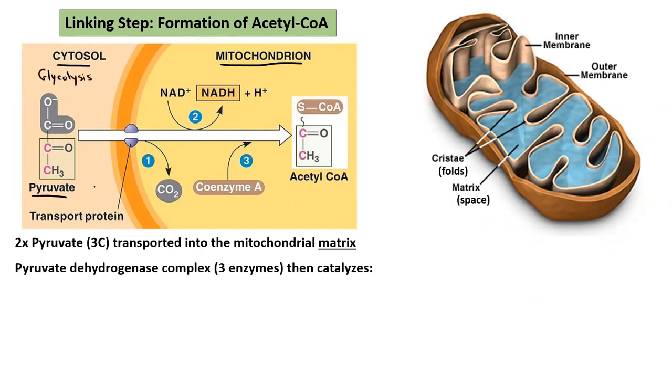And the end product of glycolysis was pyruvate. In the mitochondrion, the linking step is going to take place, the reactions involved, as well as the citric acid cycle. That's our next stage in aerobic respiration. So citric acid cycle will also occur there.